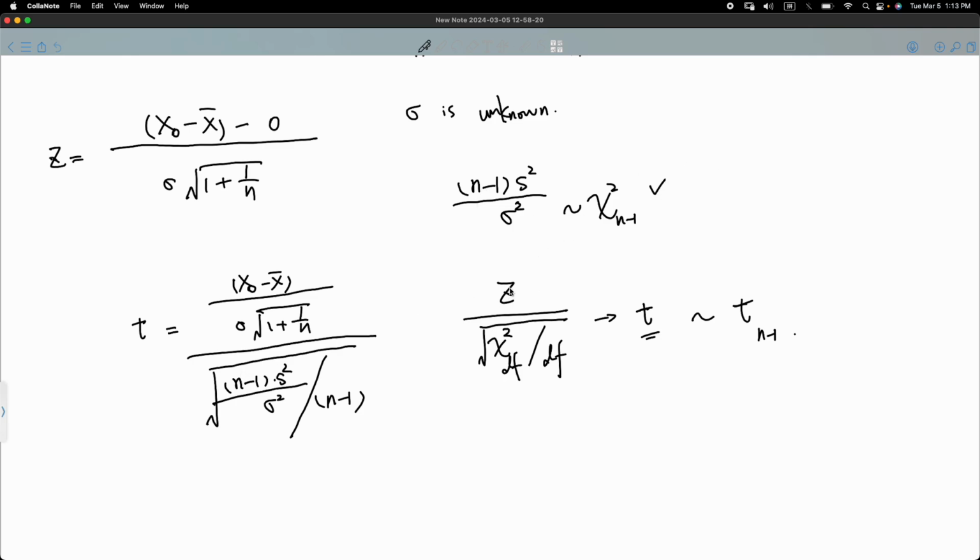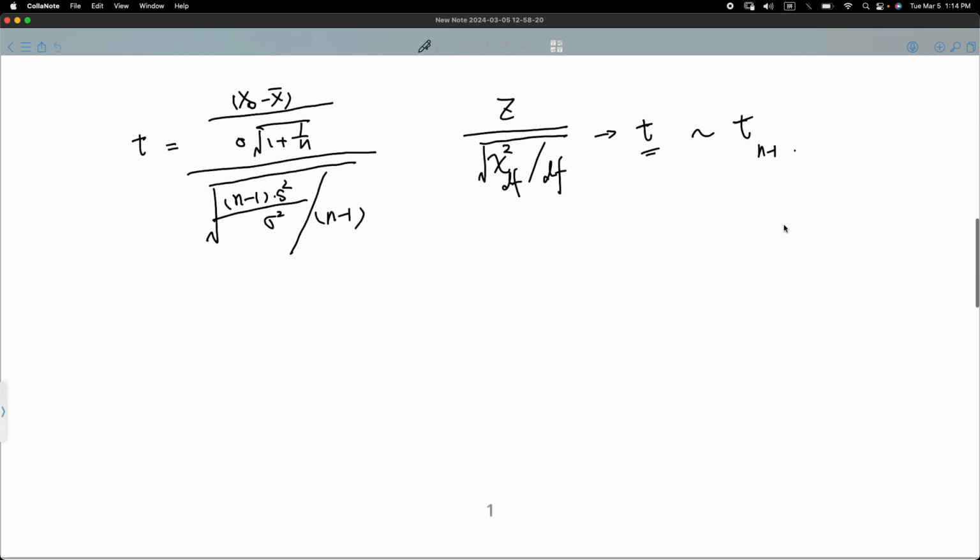By using z, the standard normal, divided by the square root of chi-square divided by its degrees of freedom, we can construct another random variable, and by definition this random variable follows a t distribution. Yeah. And from this ratio, if you simplify the form, this will also be equal to x0 minus x bar over the sample standard deviation s times the square root of 1 plus 1 over n.